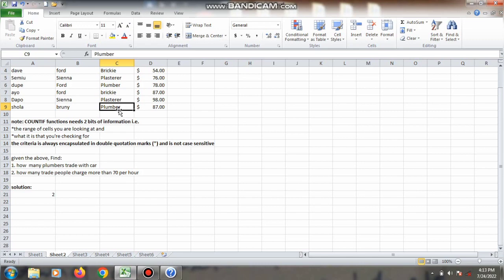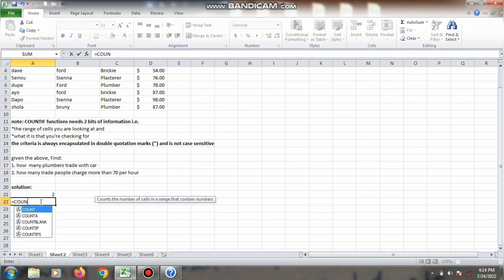Very simple as that. The second question says, how many trade people charge more than $70 per hour? It's very simple. Number one, you enter your formula, COUNTIF, bracket, range of cells.